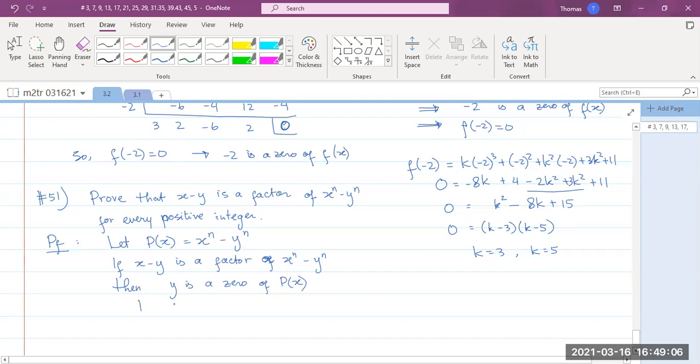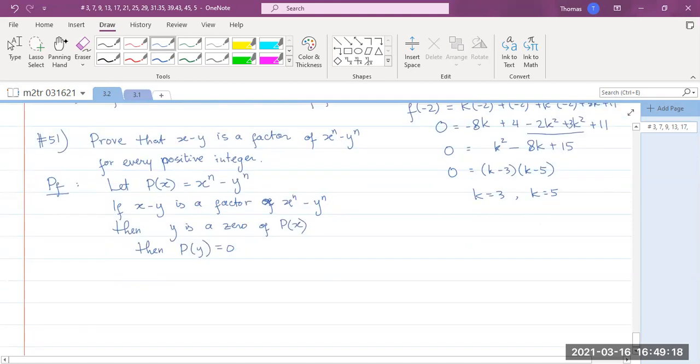Then p of y equals 0. Okay, so that's the idea. That's what we will do. So, to show that x minus y is a factor, I need to show that y is a 0. That's x minus c, right? Y is a 0. It means I need to show that p of y equals 0.